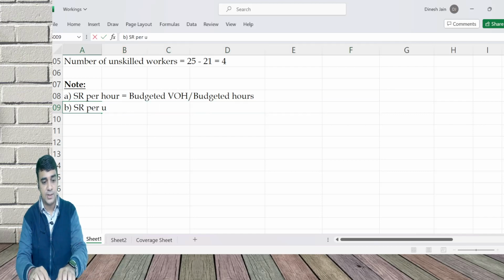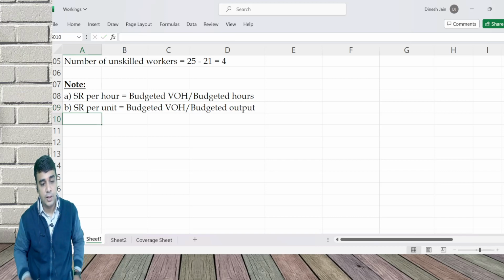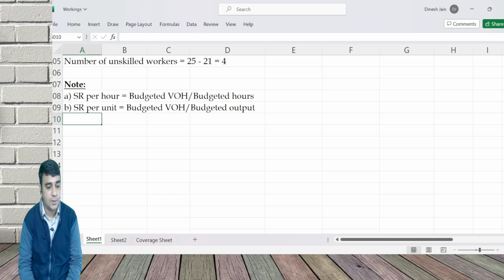SR per unit is equal to budgeted variable overhead divided by budgeted output. If you divide by number of hours, you will get SR per hour, and if you divide by number of units, you will get SR per unit.